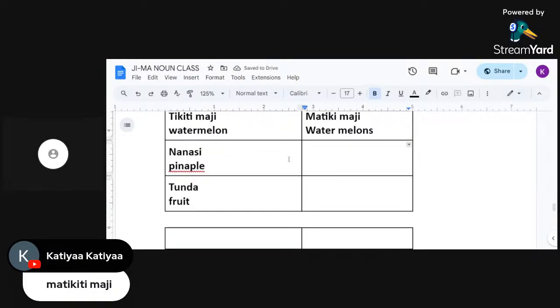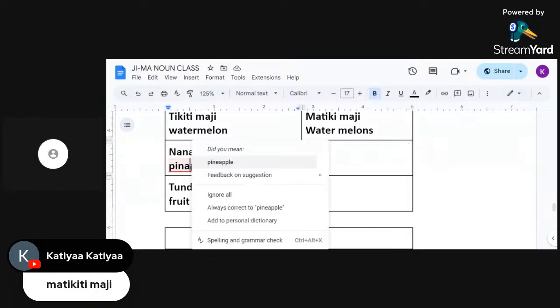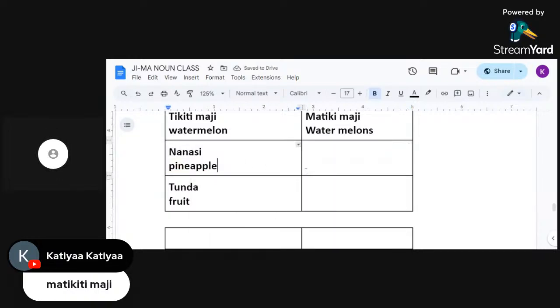Sawa. Nanasi, the pineapple, nanasi. How do we say the plural for nanasi?